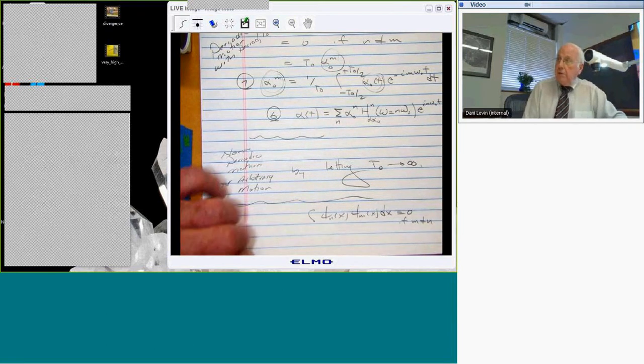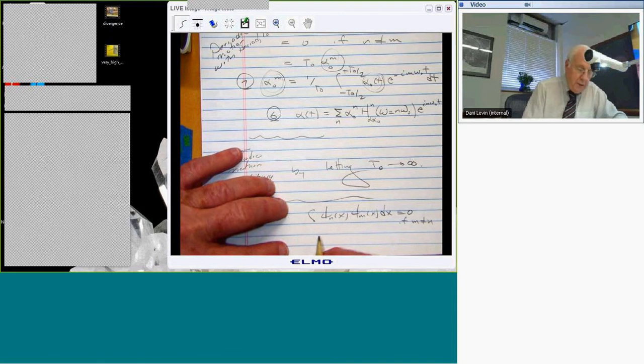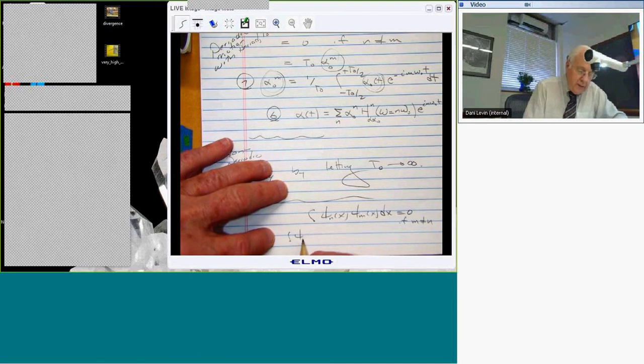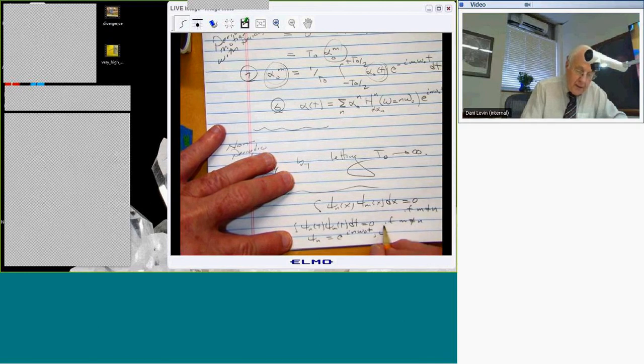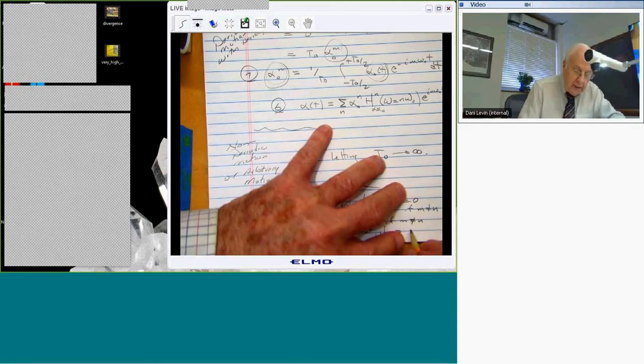In this case, it's orthogonality with respect to some functions of time. So if psi n of t times psi m of t dt is 0 if m does not equal n. And in particular, what kind of a psi n are we looking at? We're looking at e to the I n omega naught t, and what's psi m? It's e to the minus I m omega naught t.